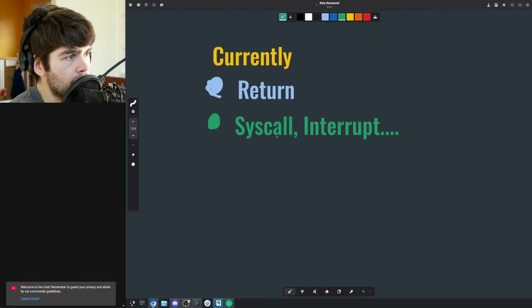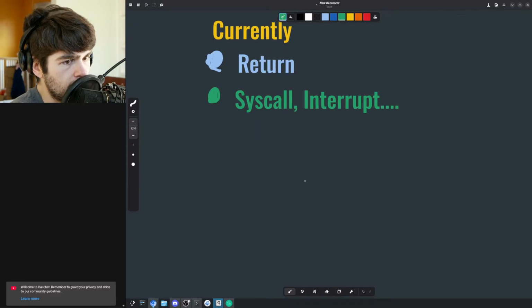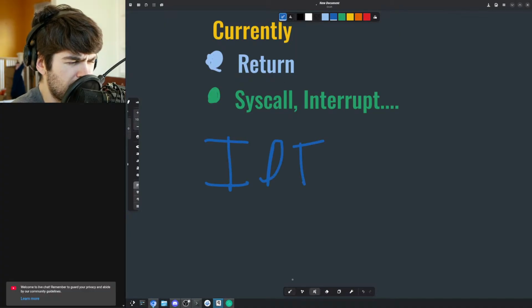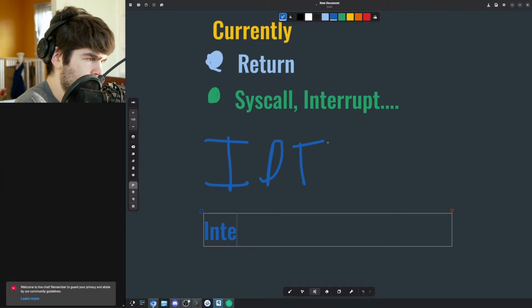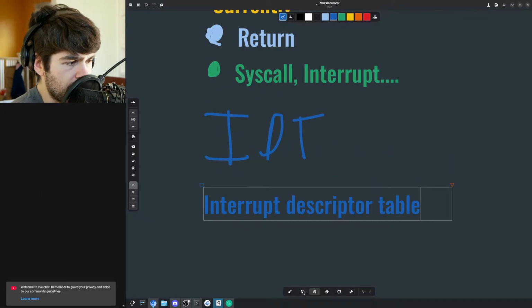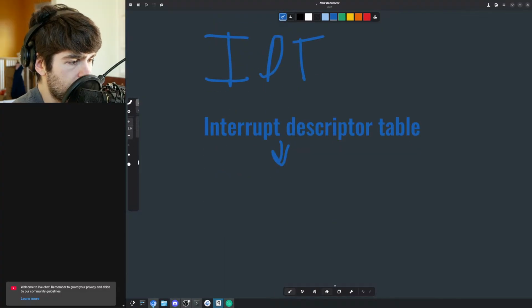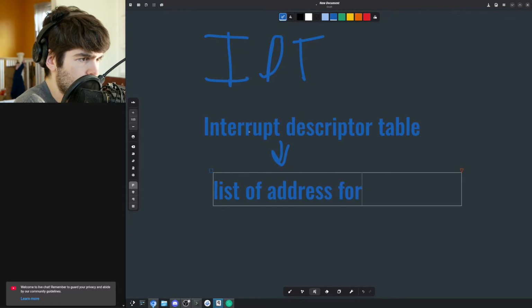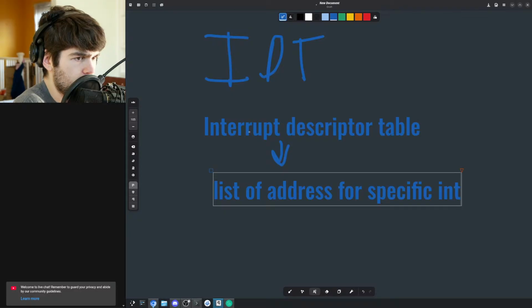So essentially, we're going to do a bunch of calls to the IDT. Is that how it's said? IDT, and that would stand for interrupt descriptor table, which, if I remember correctly, is essentially a list of addresses for specific interrupts.